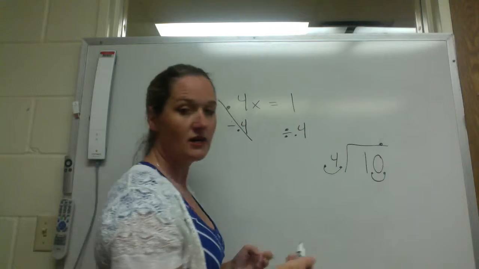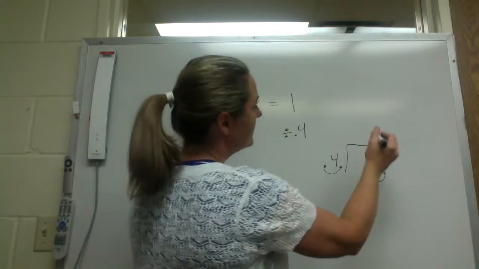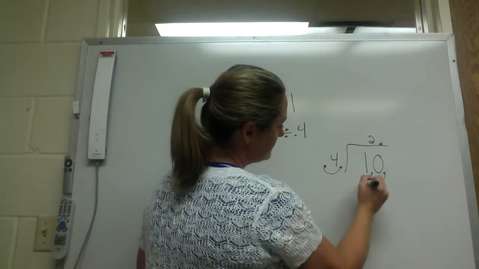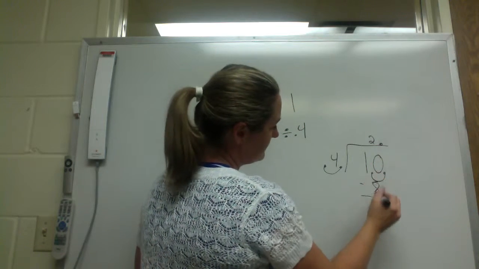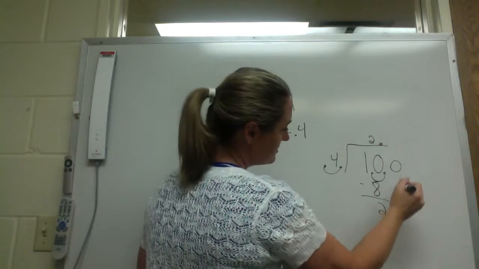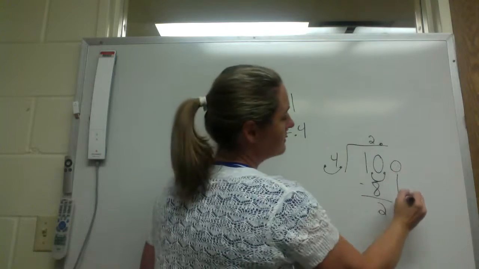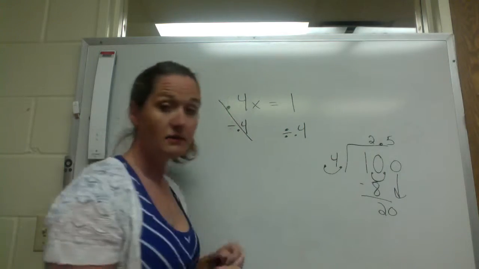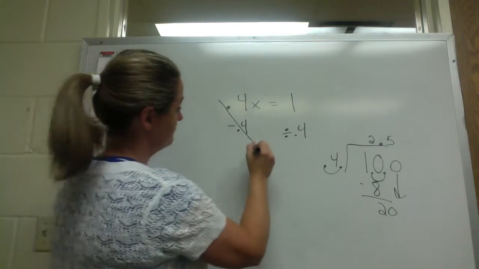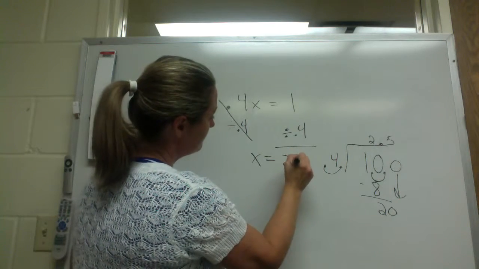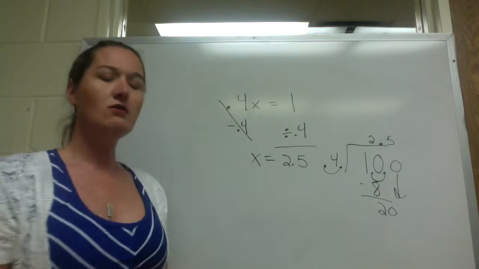So now I basically have 10 divided by 4. 4 goes into 10 2 times. That's 8. I'm going to add a 0 because I can't have a remainder. Bring down a 0. 4 goes into 20 5 times. So x is equal to 2.5.